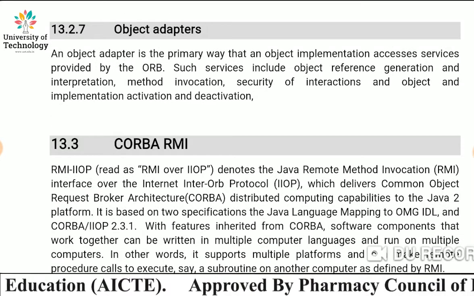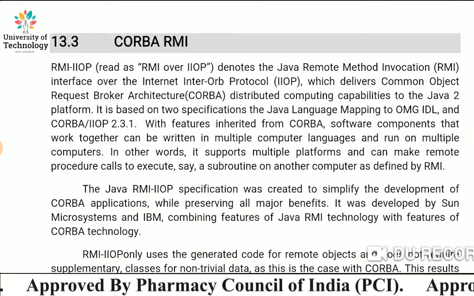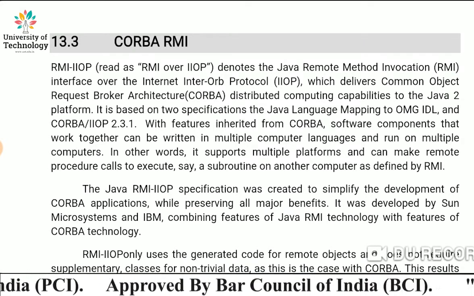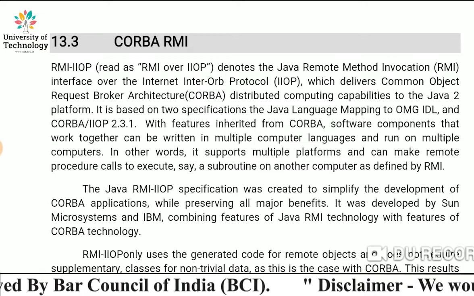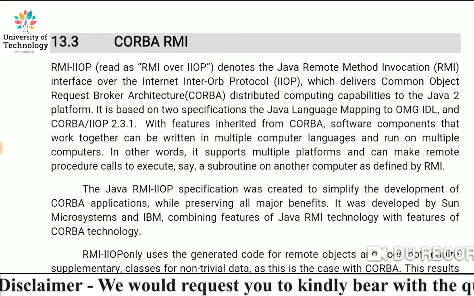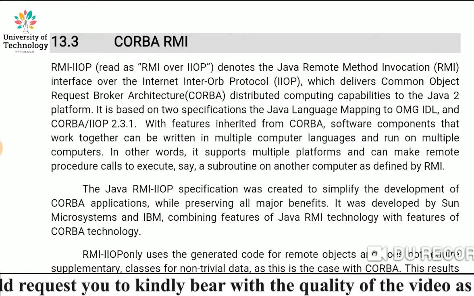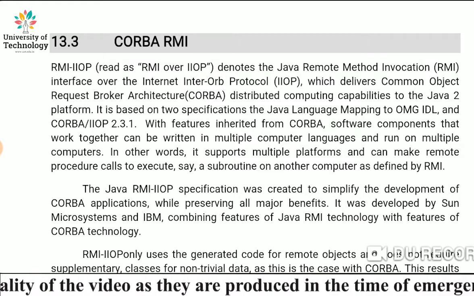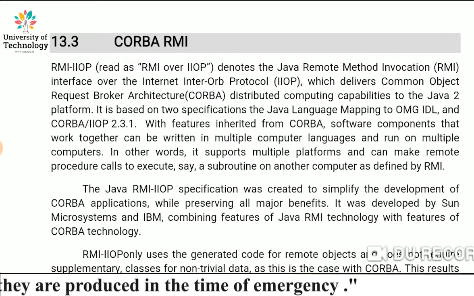Next, let's move to Corba RMI. RMI stands for Remote Method Invocation. It is the RMI interface over the Internet Inter-ORB Protocol, which delivers common object request broker architecture distributed computing capabilities to the Java 2 platform.